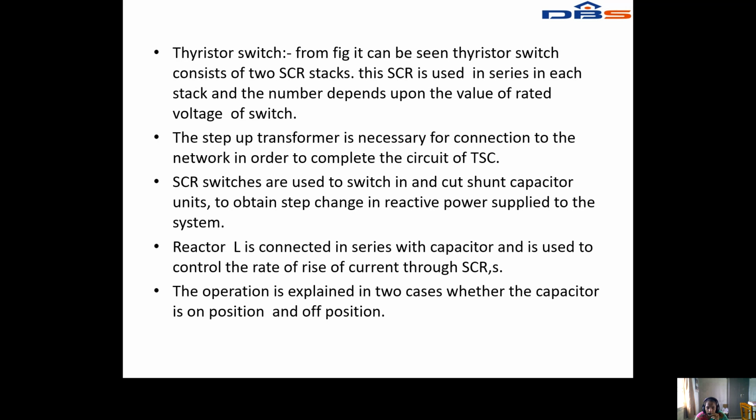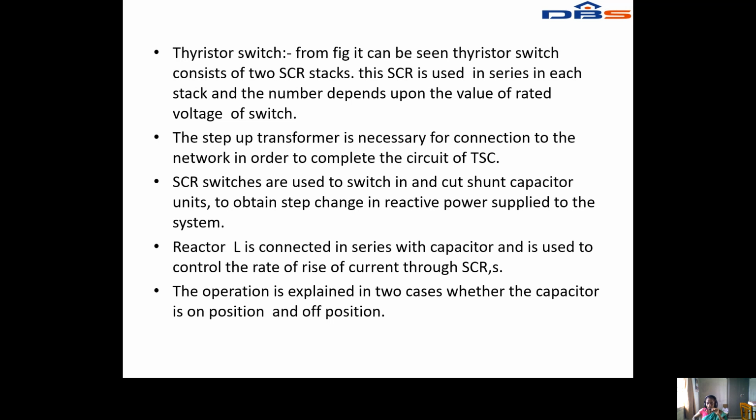SCR switches are used to switch the shunt capacitor unit in and out, to obtain a step change in the reactive power supplied to the system. Reactor L is connected in series with the capacitor and is used to control the rate of rise of current through the SCRs. The operation is explained in two cases, when the capacitor is in the on position and the off position.